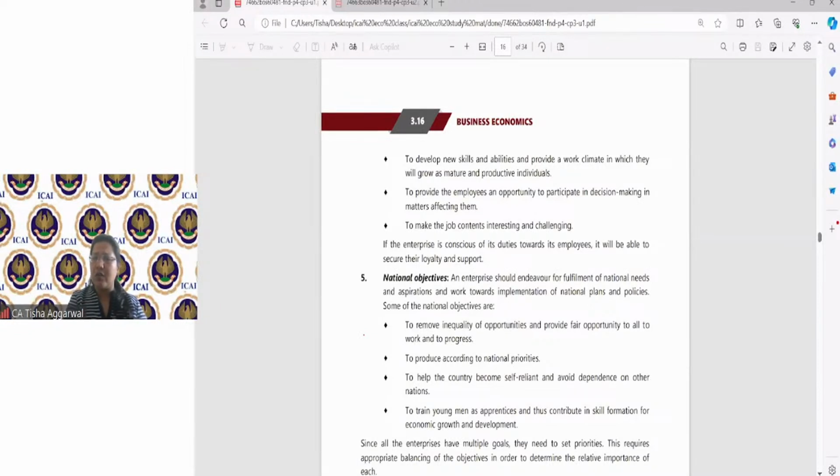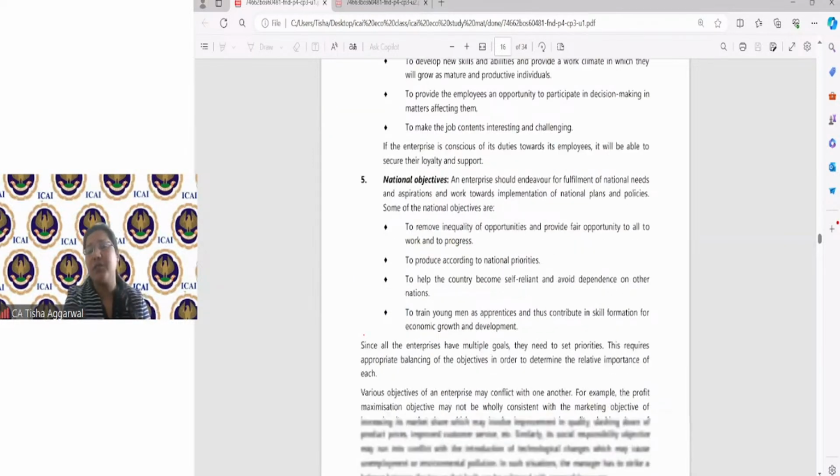No. You are just catering to that few 5% or maybe 3% of the whole population. What about the 95% population? So produce according to what the national priorities are. Help the country become self-reliant, and we should not be begging in front of other countries. And last, there should be great skill formation for the growth and development of the nation. So that is also a national objective.